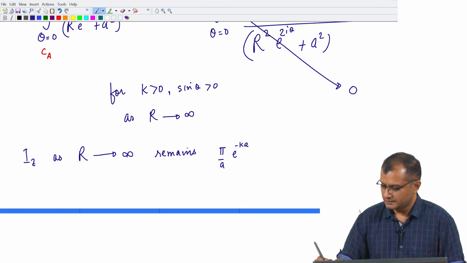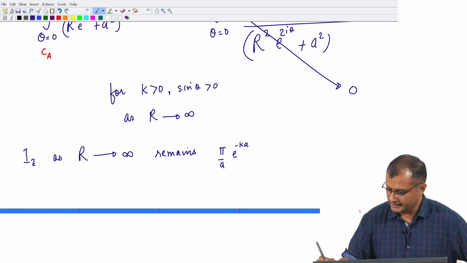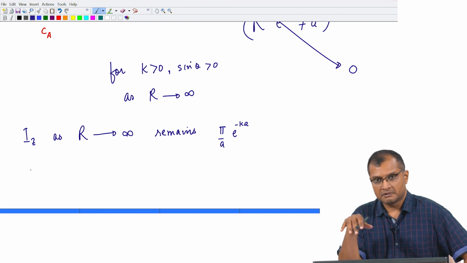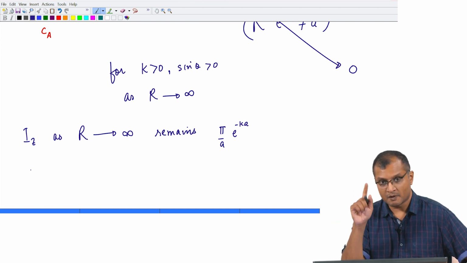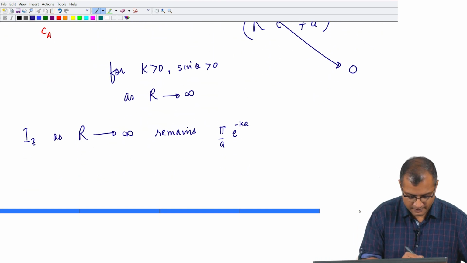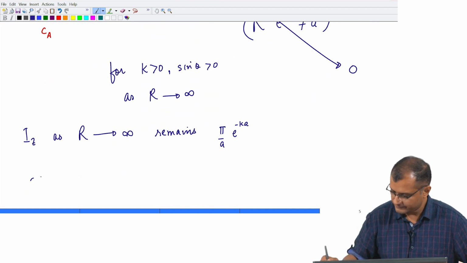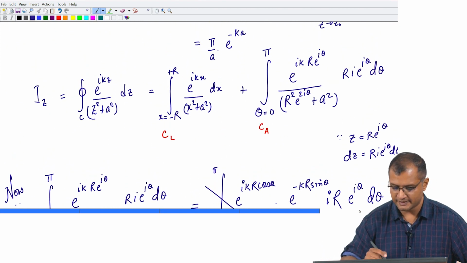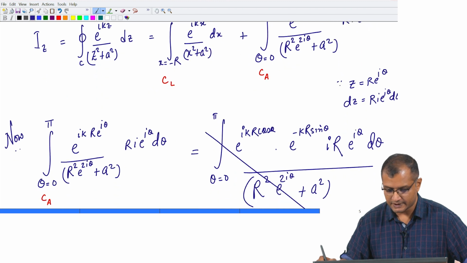And I can write down for a fact that the integral on the arc goes to 0 as long as k is positive, which means I can write down my integral, this part, the C L part.